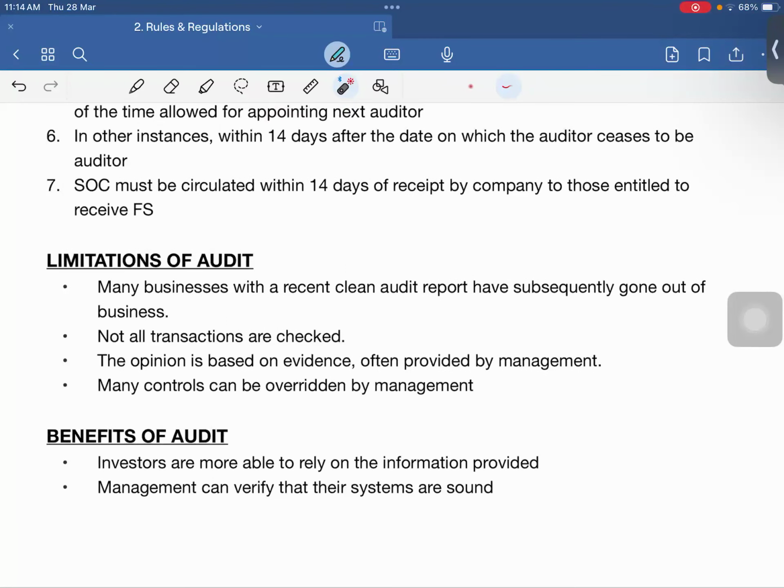Okay. Now the benefits of the audit. First one, the investors would be able to rely on whatever is being provided by the auditors, right? So if the audit has a positive opinion, then that means the investors are satisfied. Clear? Second one, when the auditors reach a company, they are going to check the FS in parallel with the controls there.